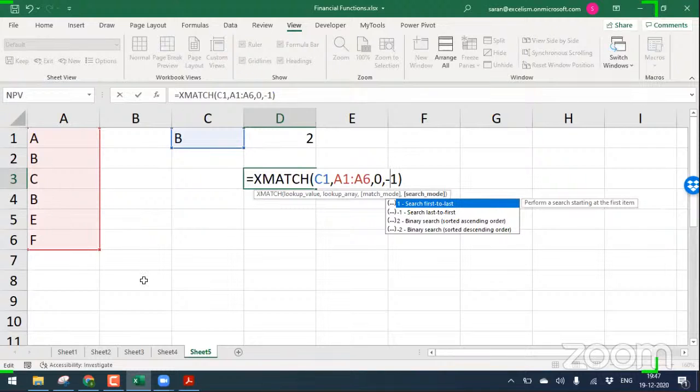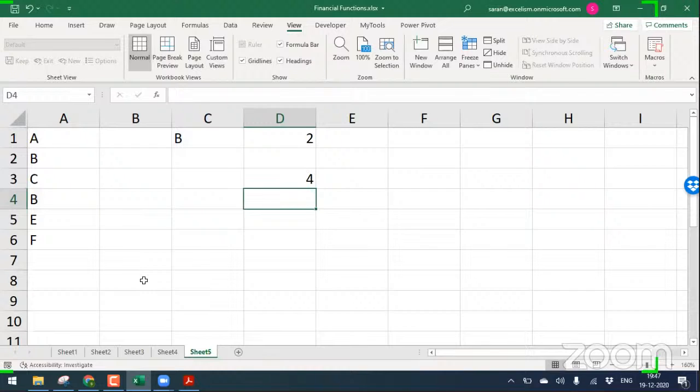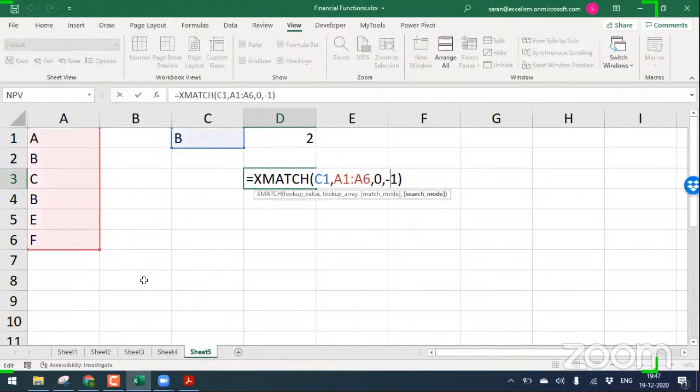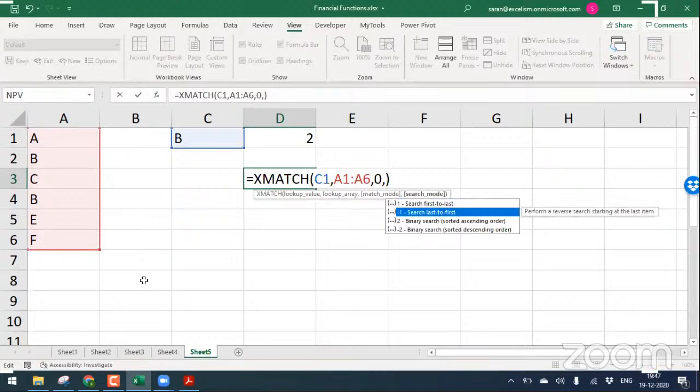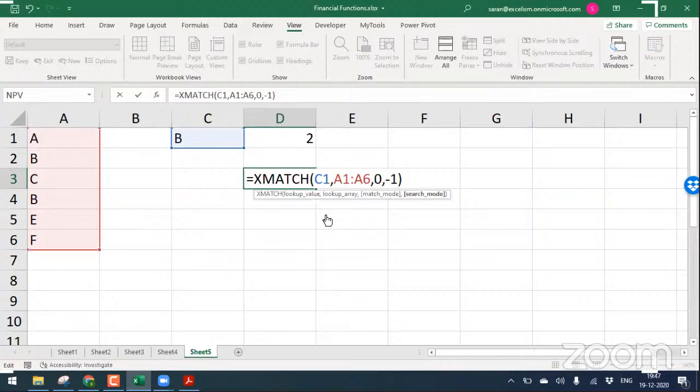The third value, now I'm going to get the answer. I want to start searching from the last to first, so -1. Because this is a very recent function.